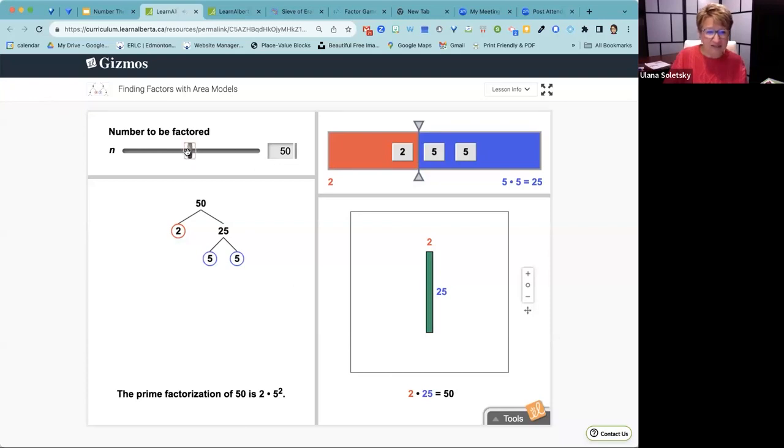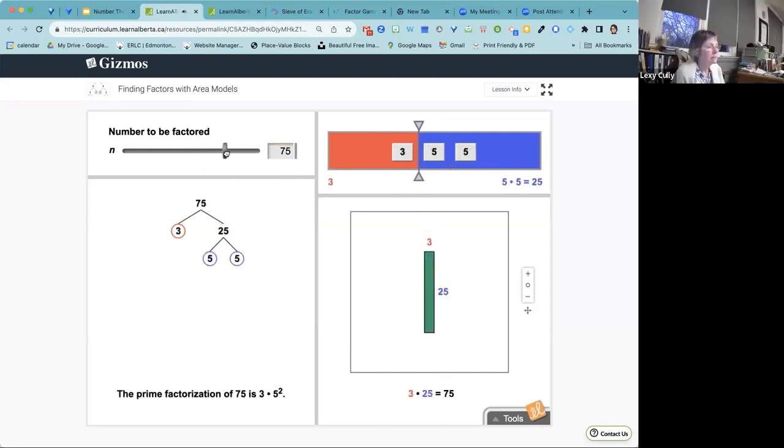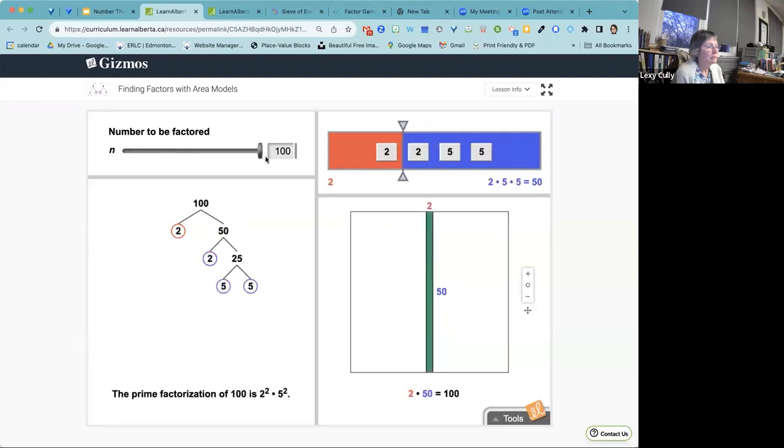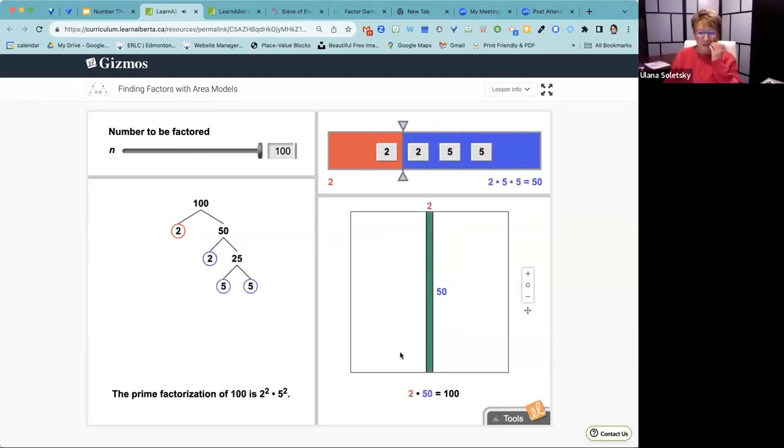And then let's do 100. I can do this if I just choose 2 times 50, but then I might want to change that up if I had started with that.